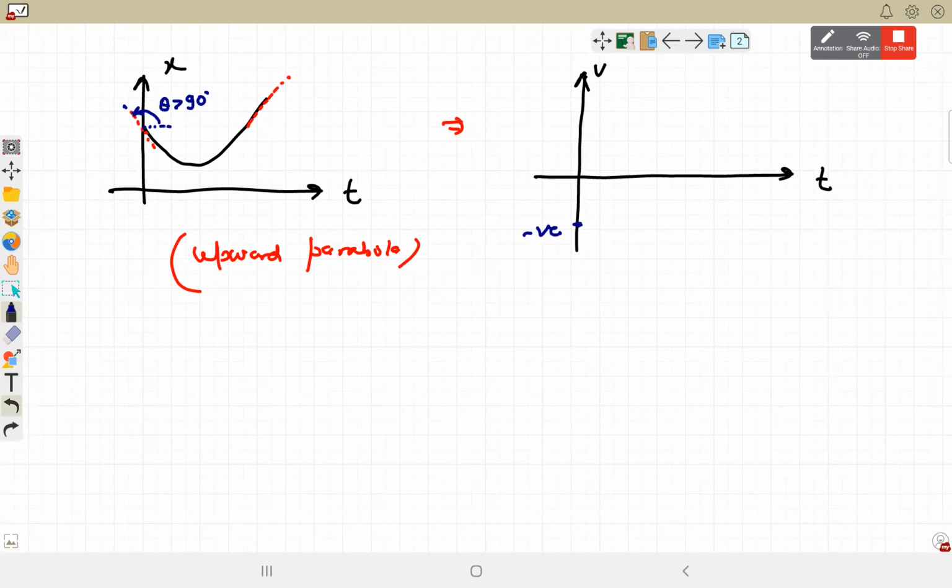And it is a positive slope line, but finally the ending point velocity will be positive, because at the end point the slope of the tangent is positive.